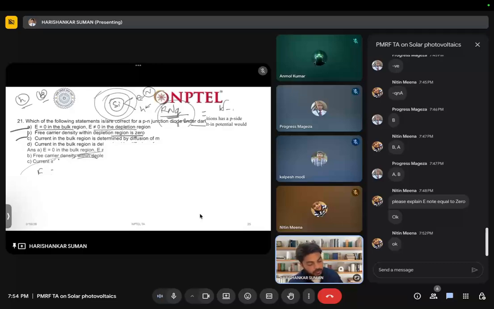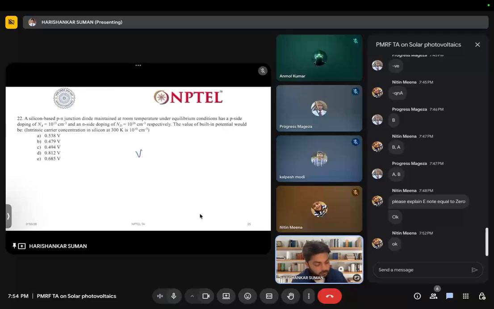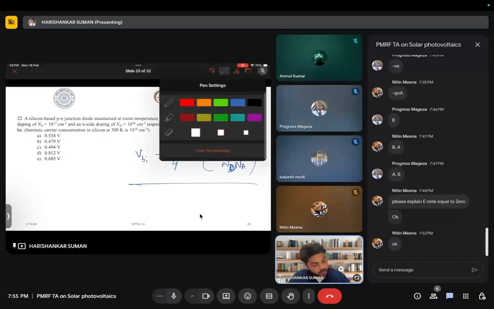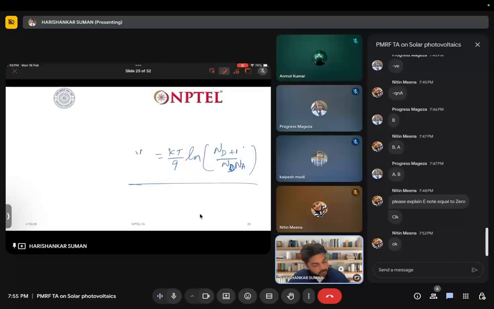We have to calculate built-in potential VBI equals kT by q ln of ND times NA upon ni square. Please apply this formula and get your answer. You know the donor and acceptor concentrations.